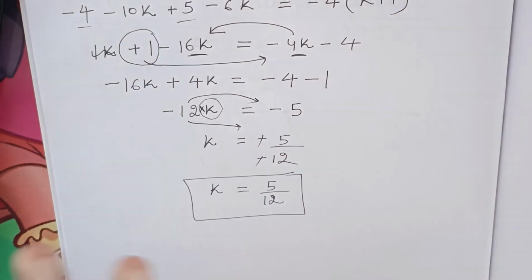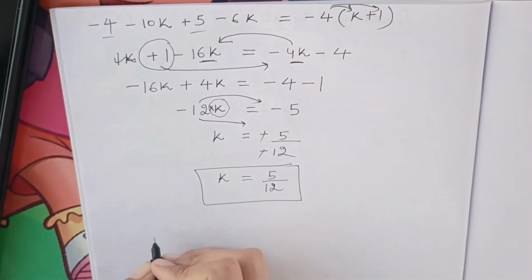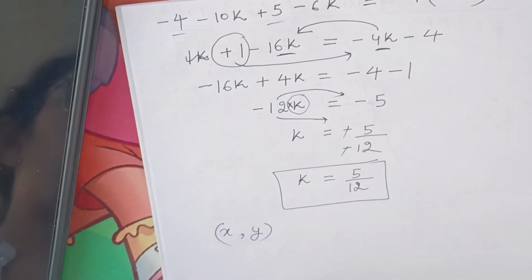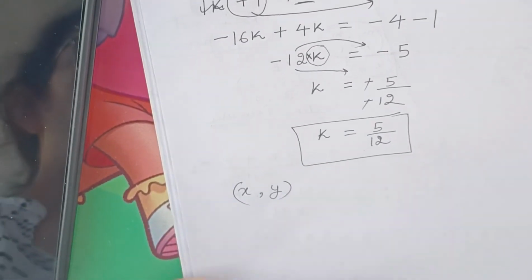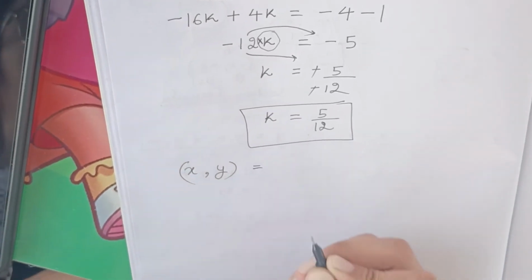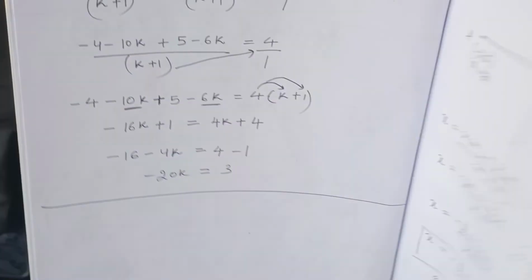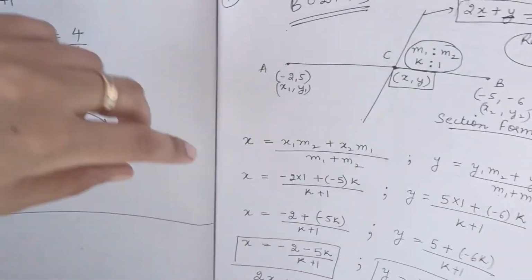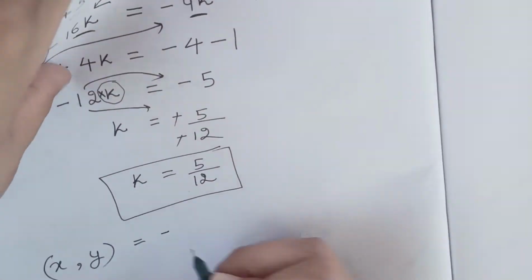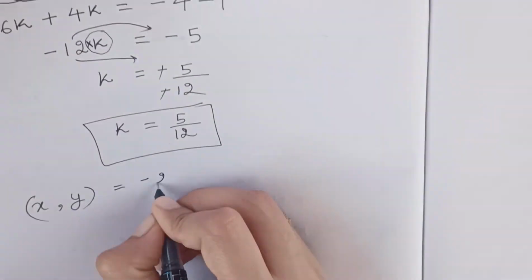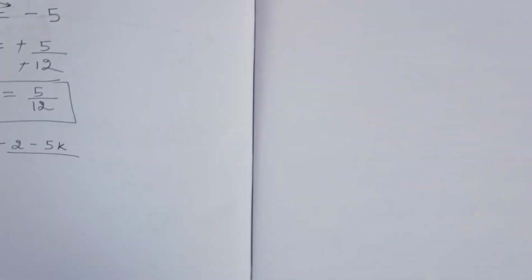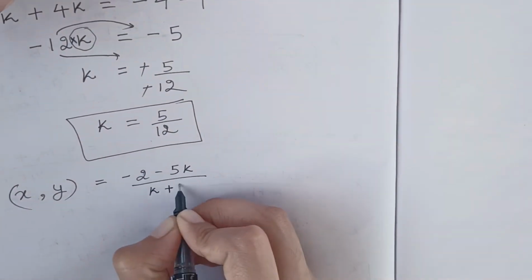Now see, this was not the question. What we had to find was the point of intersection. Point of intersection is x comma y. We have already found the values, but they were in terms of k. So I'll rewrite the value of x: minus 2 minus 5 upon k plus 1.